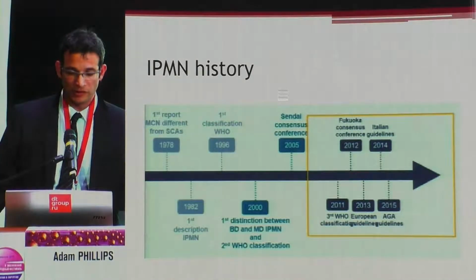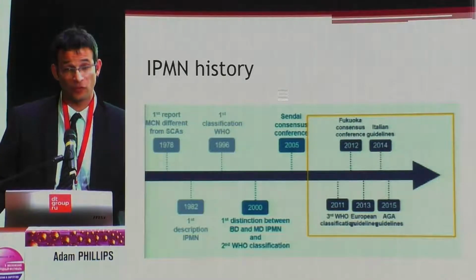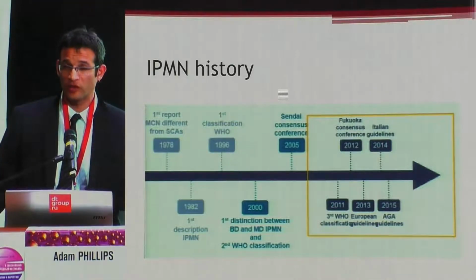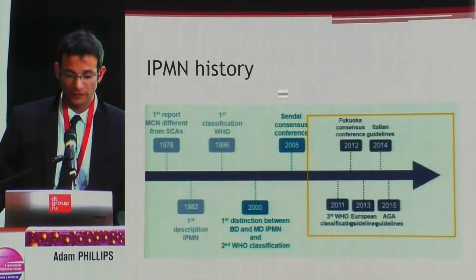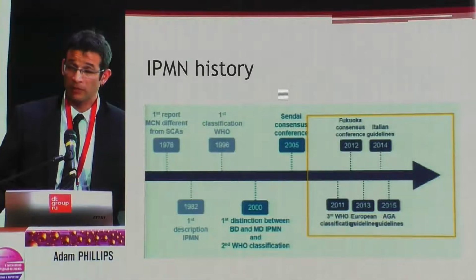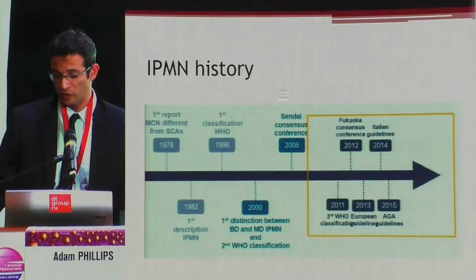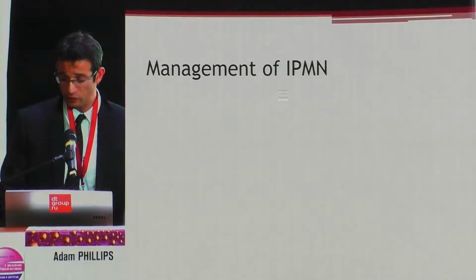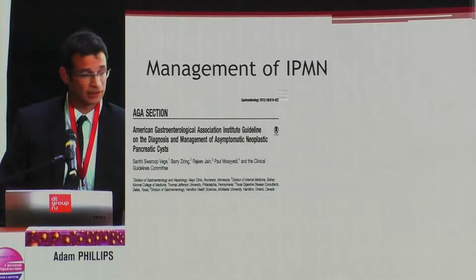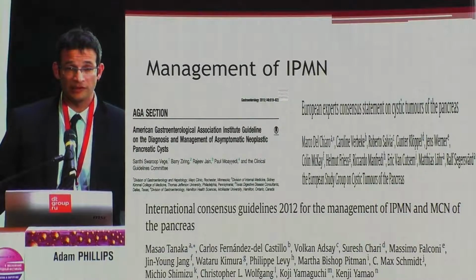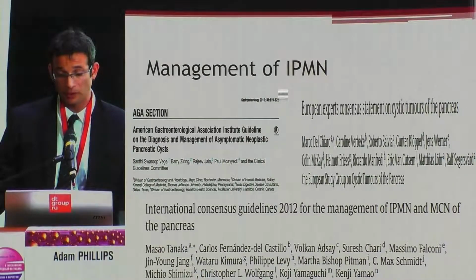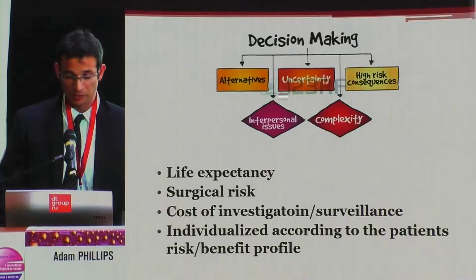And afterwards, there are three guidelines: the Sendai consensus in 2006, the revised Sendai in 2012, the European Consensus Expert at 2013, and the American Gastroenterology Association at 2015. So if we have too many guidelines, it says that we don't know much about the disease, and it's hard to make a decision about the management of these people.